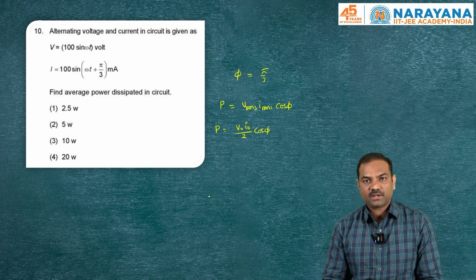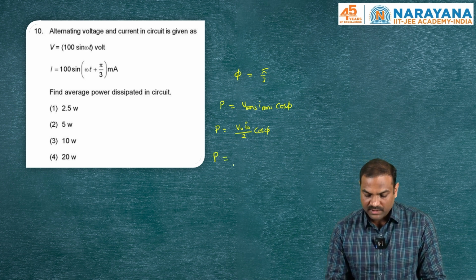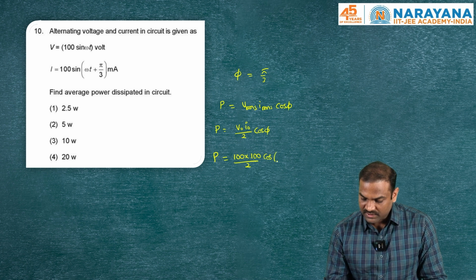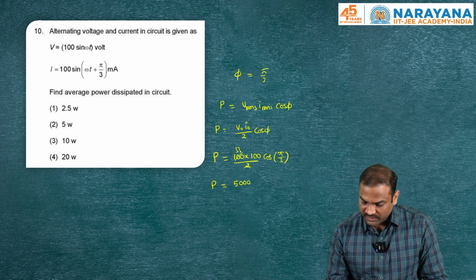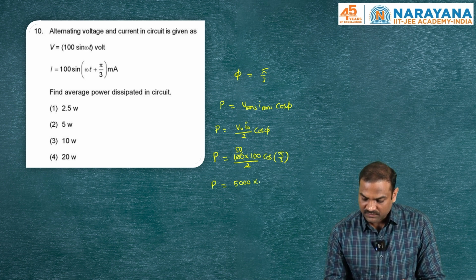In my formula, V naught and I naught refer to maximum values or peak values. Then power is V naught 100, and I naught also 100 by 2. Then cos phi, which is nothing but pi by 3. Okay, so then power is 5000, I can write down. Okay, 50 into 100. Cos pi by 3 is cos 60, it is 1 by 2.